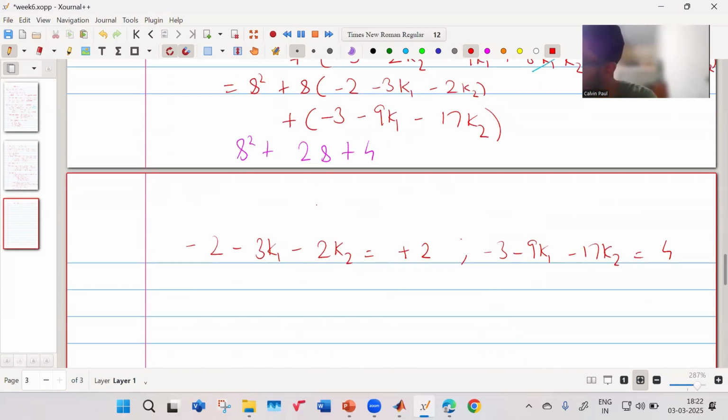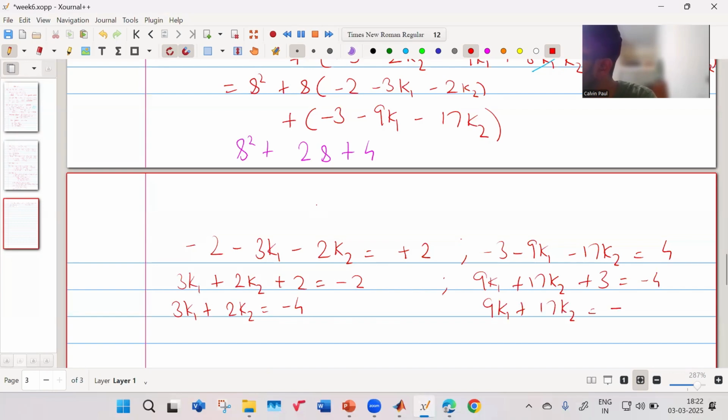Okay, so we can write it further as 3k1 plus 2k2 plus 2 is equal to minus 2, or 3k1 plus 2k2 is equal to minus 4. And this we can write as 9k1 plus 17k2 plus 3 is equal to minus 4, or 9k1 plus 17k2 is equal to minus 7.